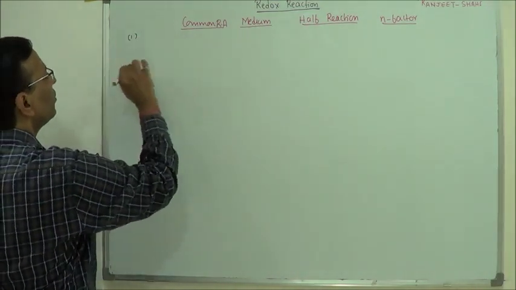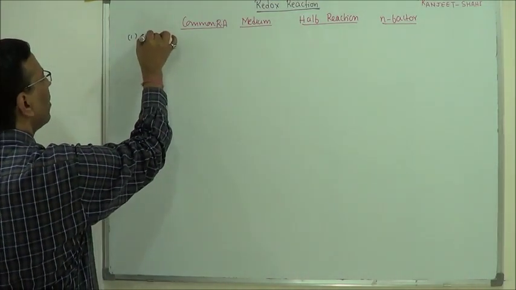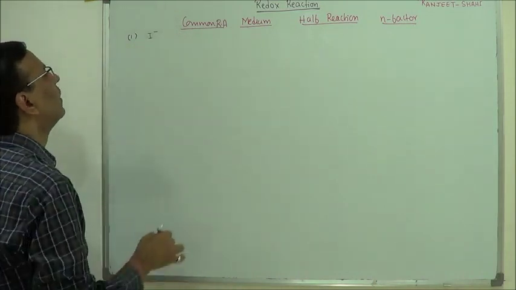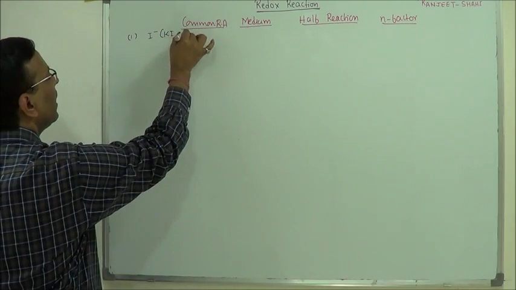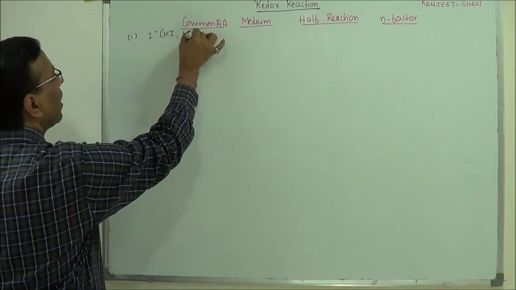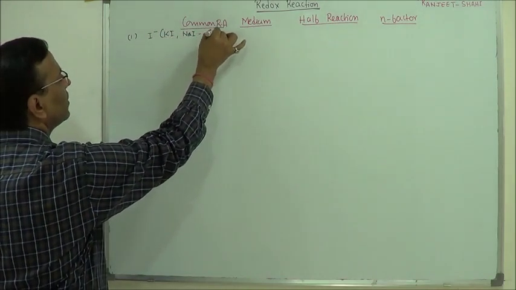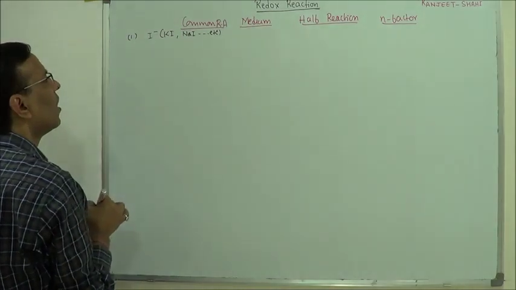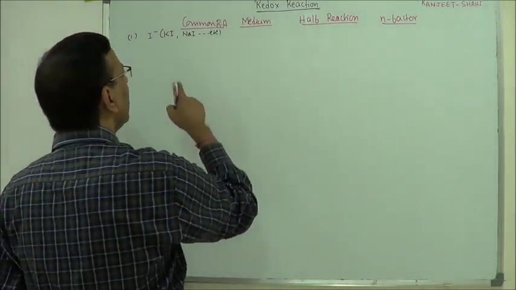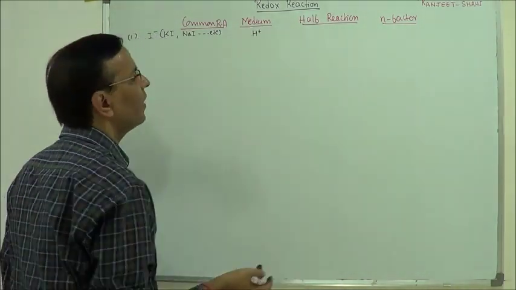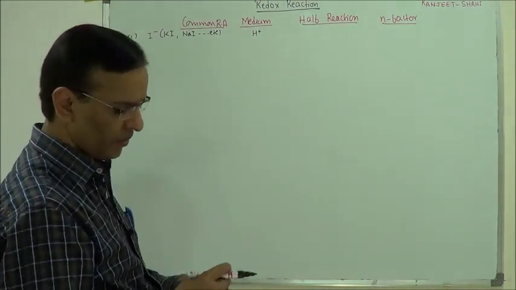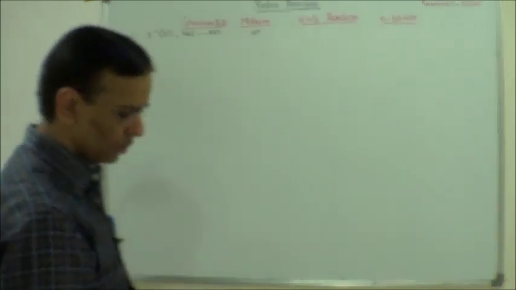The most common reducing agent is iodide, which could be given in the form of KI, NaI, etc. They act as a reducing agent in all medium, but preferably acidic medium is used.